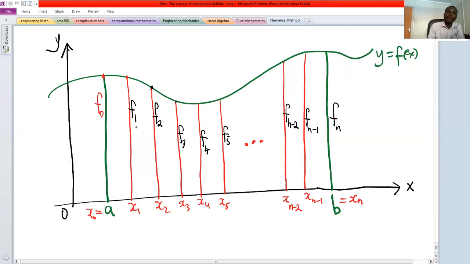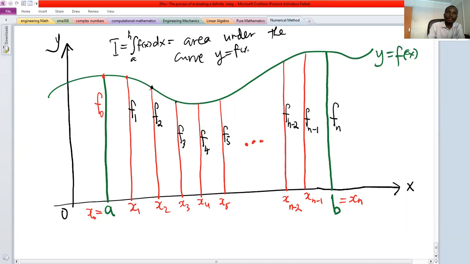Now, when you say that you want to integrate and find the value of the integral from a to b of f of x dx, it is the same as the area under the curve y equals f of x, x equals a, and x equals b.